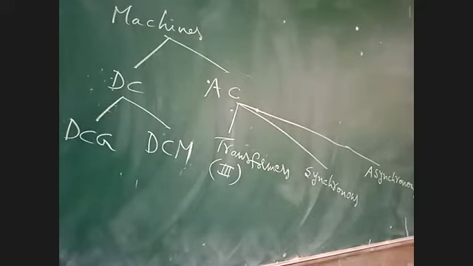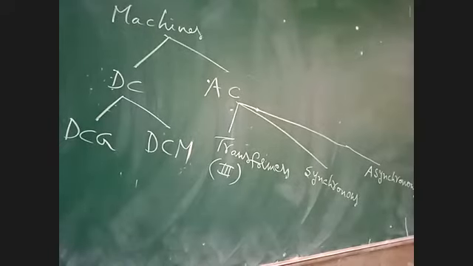Some nameplate is pasted on the DC motor, like voltage, how much voltage is there, how much current it will draw, and how much power. It is written on the DC motor. If you have seen, even if you have not seen, you can go and see after the class. Some nameplate details are there on the motor. That is voltage, current, power is given, and also speed is given on the motor.